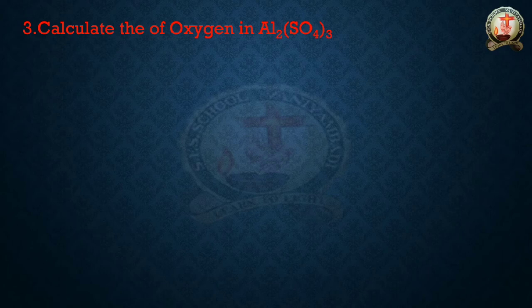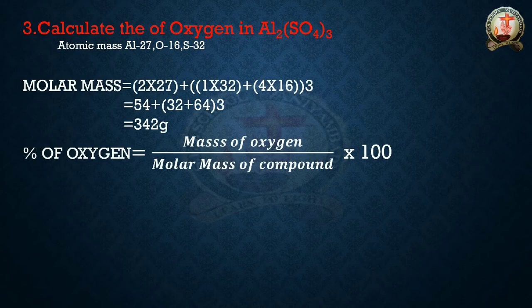To calculate the oxygen in Al2(SO4)3, aluminium sulfate. Now we are going to calculate the molar mass. How are we going to calculate it? The number of atoms into the atomic weight of the atom. So aluminium atomic weight 27, into 2, plus the bracket, I'll open here.